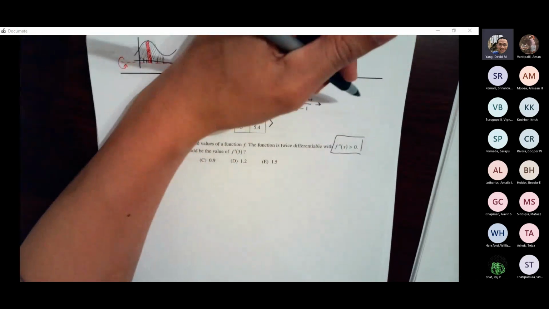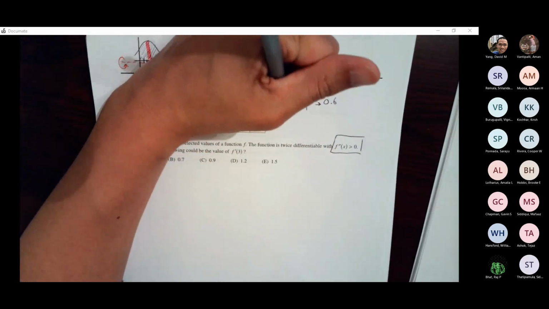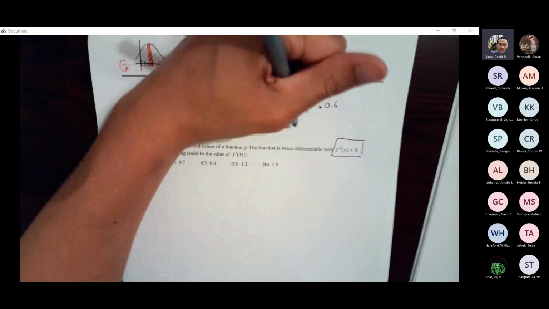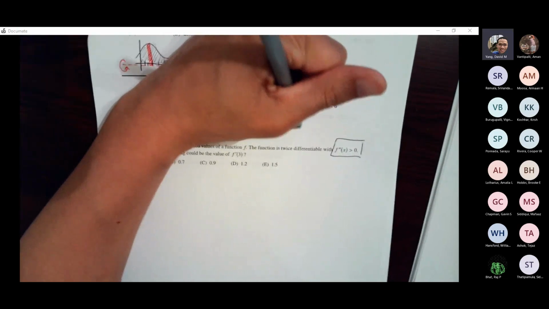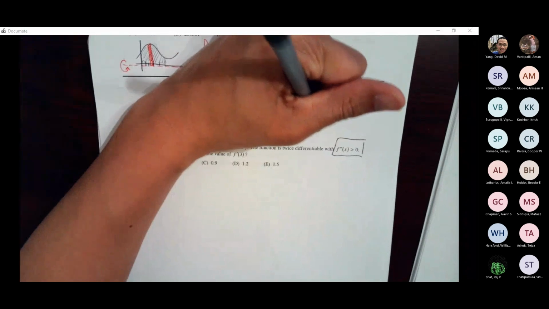And that gives me, in the calculator, 0.6. Between 3 and 5, my slope is 5.4 minus 3.6 over 5 minus 3. This gives me 0.9.